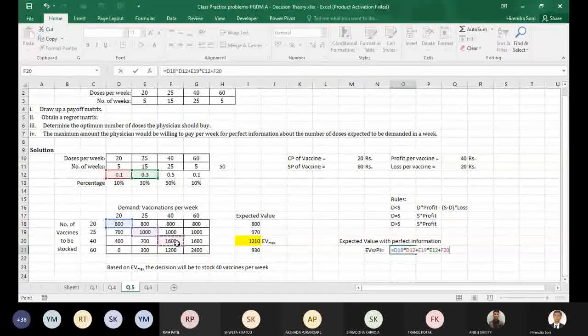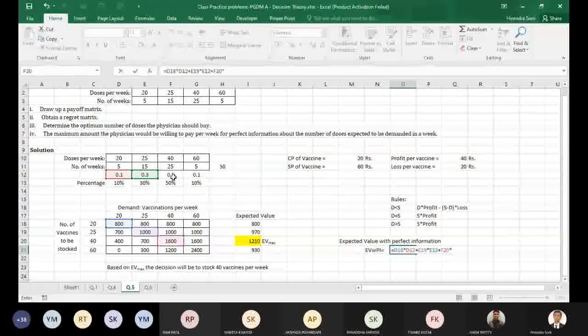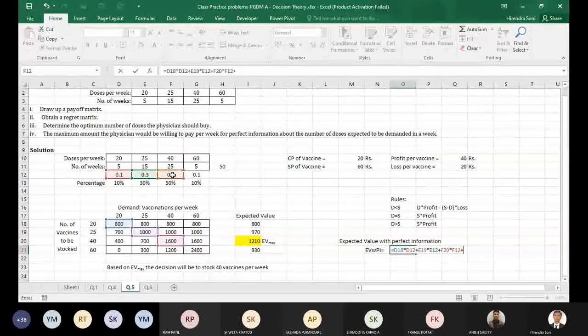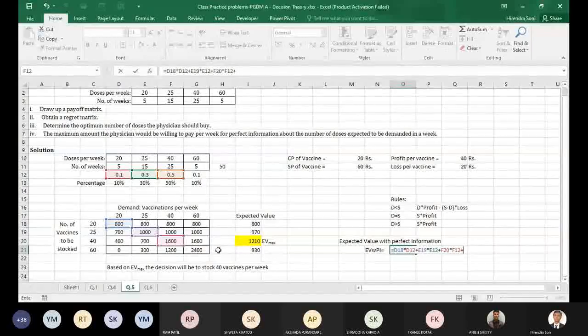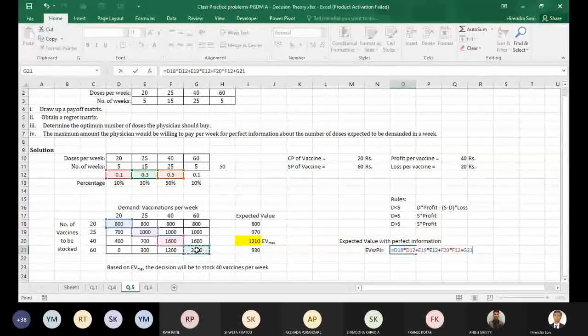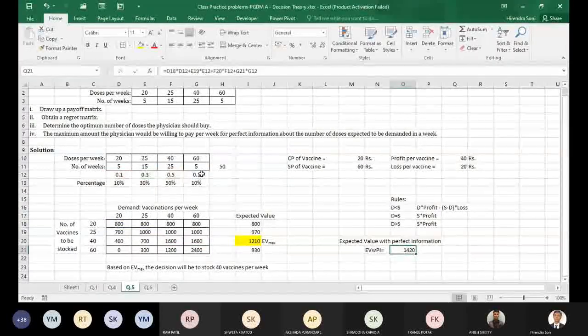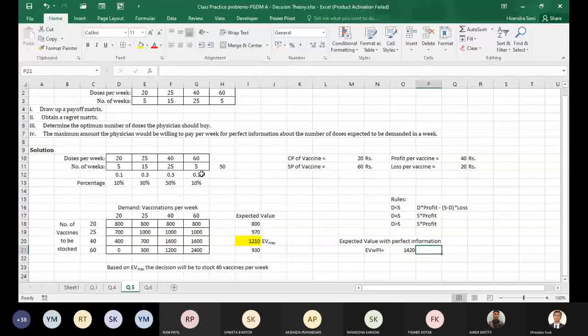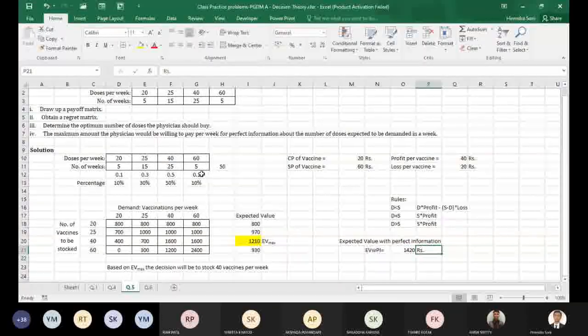So that means this is what I will earn into its probability, plus 60 vaccines I have and only 60 patients turn up into its probability. So expected value with perfect information would be 1420 rupees. So this is what you can expect if you have perfect information. That means जितना पेशेंट्स आने वाला है मैंने सिर्फ उतना ही वैक्सीन लाया. करेक्ट? Are we okay up to this?